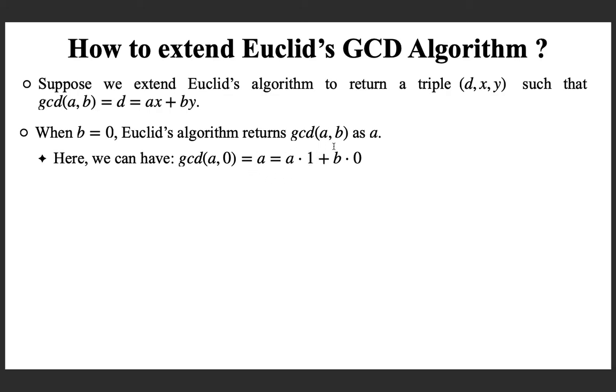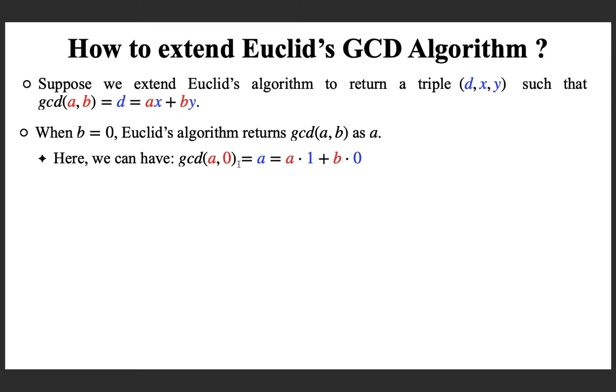Now you see we are getting the GCD as a, which is written in this form. If you carefully look at what we want from the extended Euclid's algorithm, we want to return the GCD and the values of x and y such that the GCD is the first argument multiplied by x plus the second argument multiplied by y. So this is in that form.